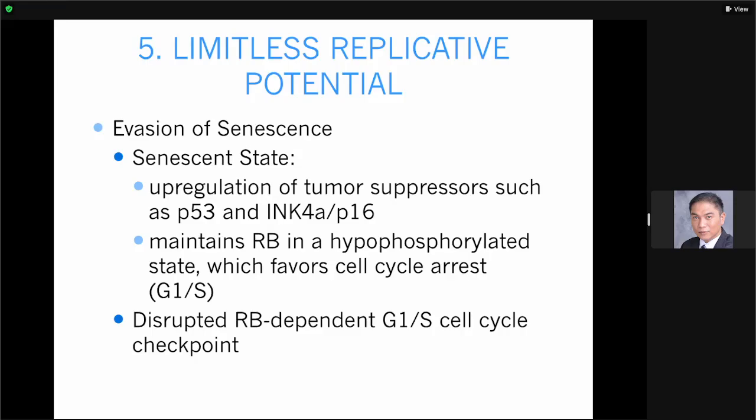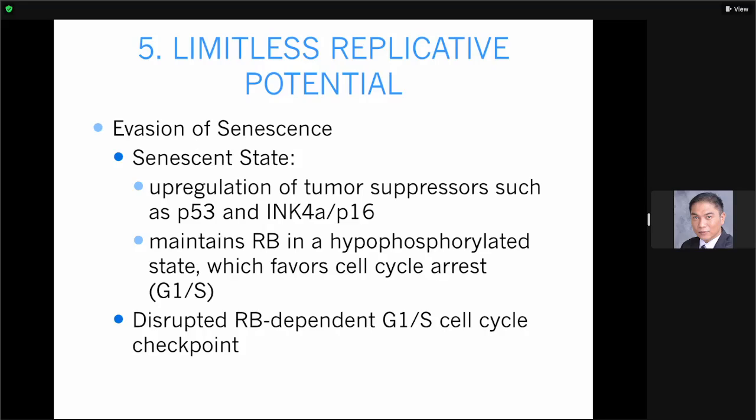So next hallmark is limitless replicative potential, the evasion of senescence. Paano mo ma-evade ang pagtanda? So, ang sabi, to promote senescence, there must be upregulation of tumor suppressors such as P53 and INK4A P16.